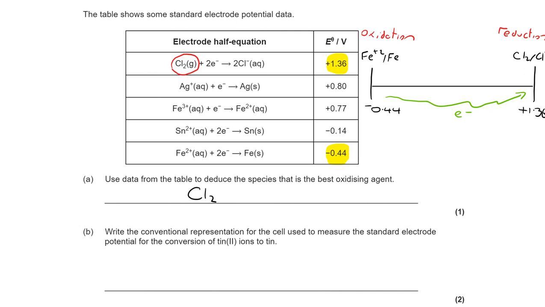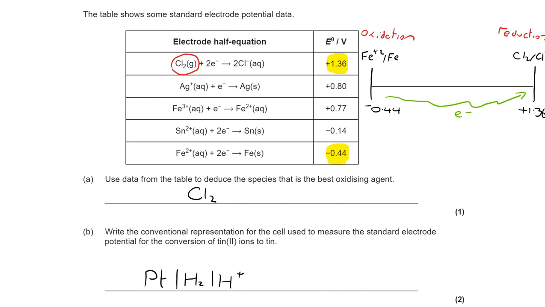Then we have to write the conventional representation for the cell used to measure the standard electrode potential for the conversion of tin 2 ions to tin. Now I'm going to start with the standard hydrogen electrode, and you have got to know this. It's H+ ions, H2 gas, and a platinum electrode.